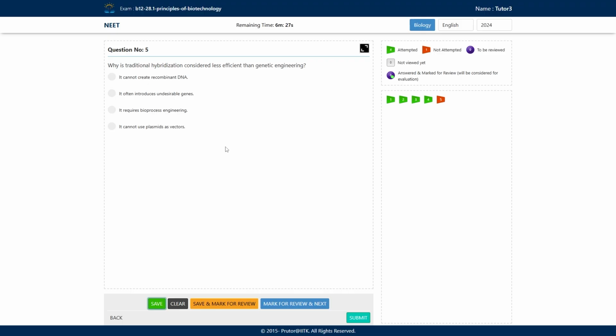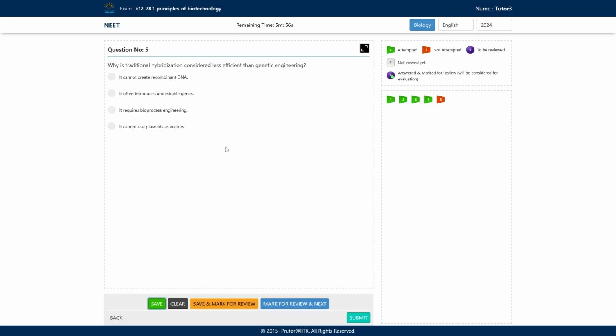The last question says, why is traditional hybridization considered less efficient than genetic engineering? What are the causes that make traditional hybridization less efficient? And here are the options. It cannot create recombinant DNA. Yeah, that is okay, but this is not the only reason it is less efficient.